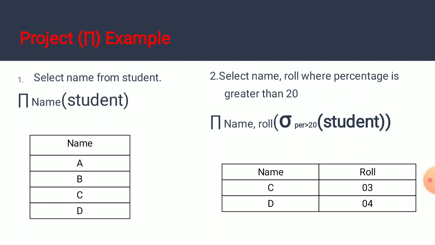Firstly we apply the select operation on the student relation to filter all those tuples where percentage is greater than 20, and then we apply the project operation by which only the two attributes name and roll number are returned.